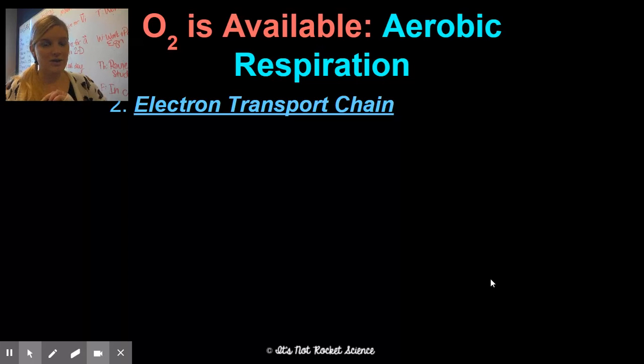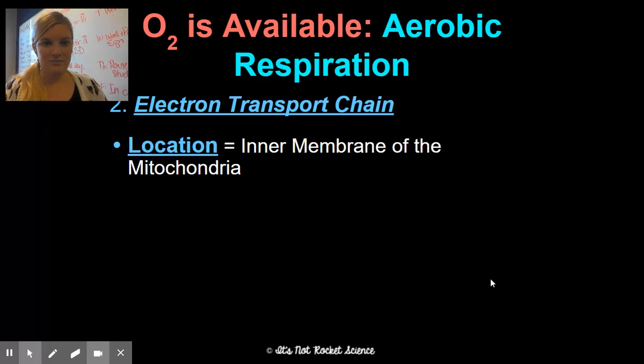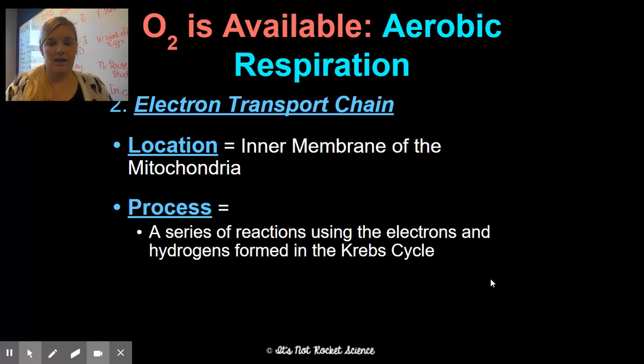Now this is also the name for the first step in photosynthesis, so they can get a little complicated. But this is happening in the inner membrane of the mitochondria, so the worm shape of the mitochondria. And what's happening is we have a whole bunch of reactions that are using electrons and the hydrogen that are formed during our first Krebs cycle when we're breaking apart all of our pyruvate.